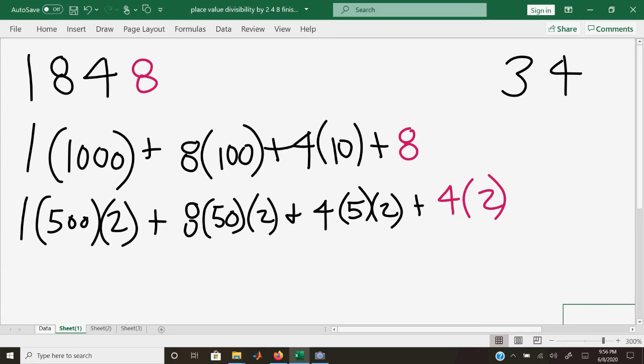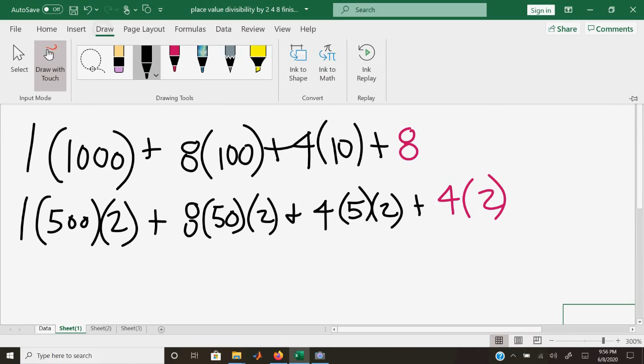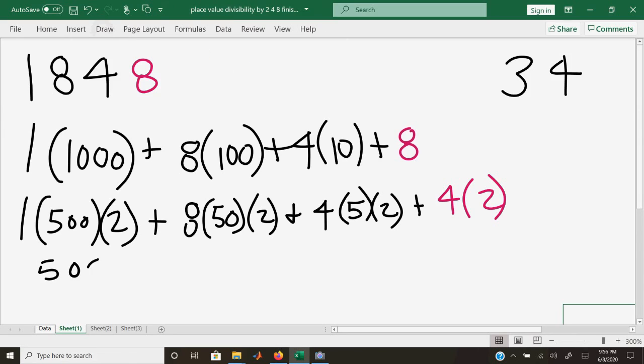So I can see if I'm trying to divide this by 2, I actually have 500 2's plus 8 times 50 is 400.